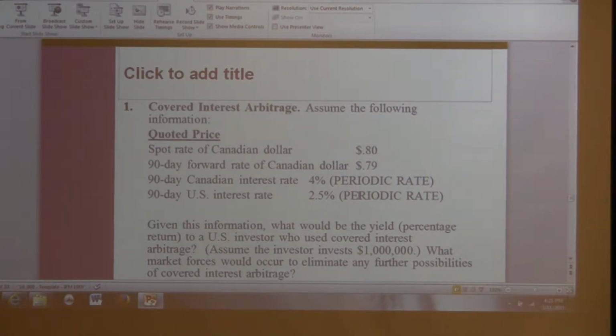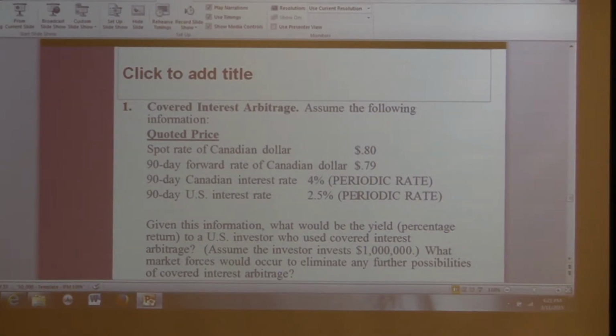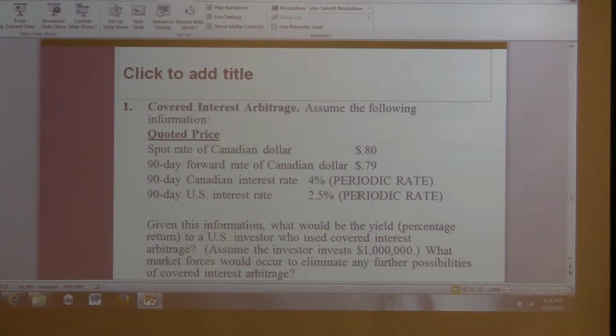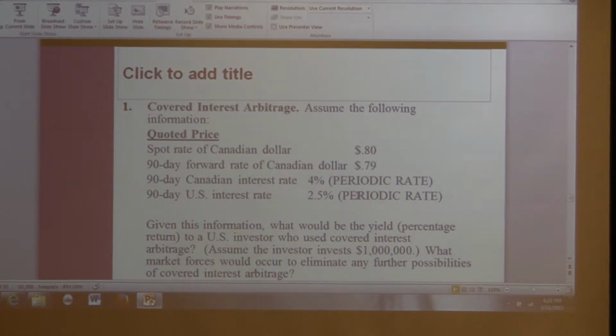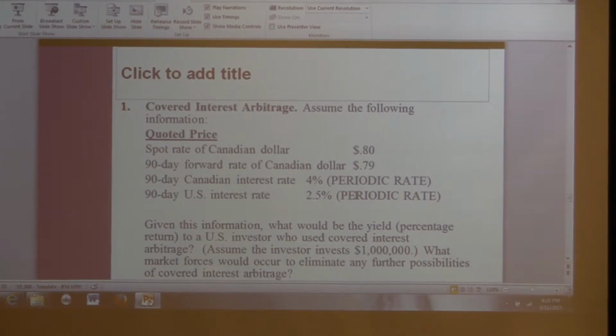So we can directly use it and find out the forward price. So what would be the forward price? If you use the formula, what would be the price? 0.788, okay?